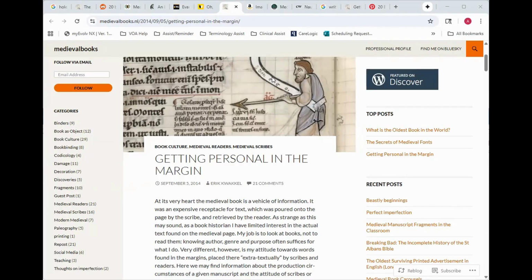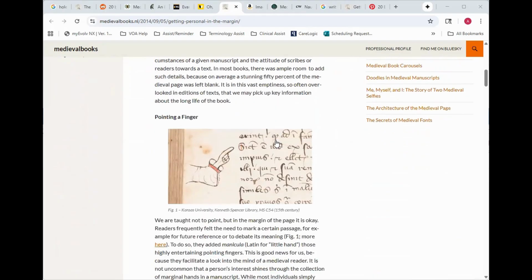Now, this is not when words are written in the shape of a tree or an animal. That's a different thing. But where you just have a short few words, maybe a sentence, kind of off to the side somewhere in the illumination, that is a type of that written marginalia.